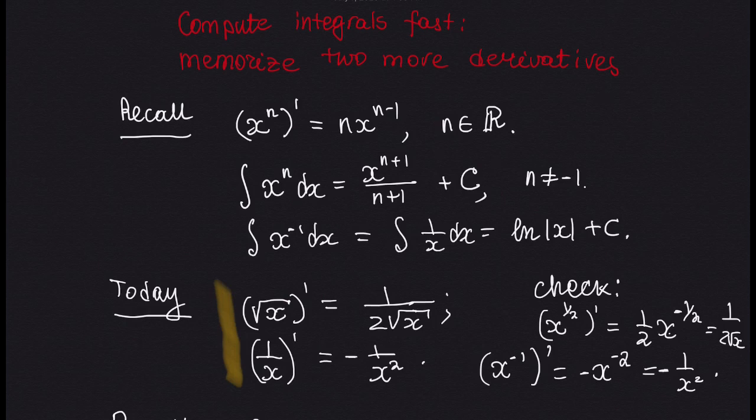So if you have not remembered these derivatives so far, go ahead and memorize them. They're not that difficult to remember. And you're going to experience a reduction of time when you compute integrals and solve other mathematical problems after you have these two derivatives memorized.